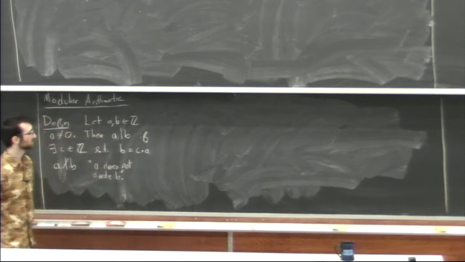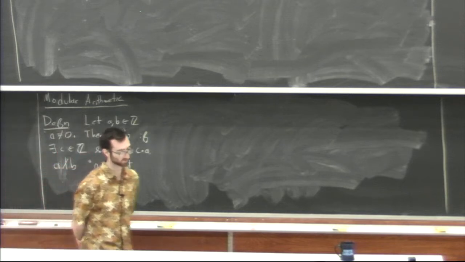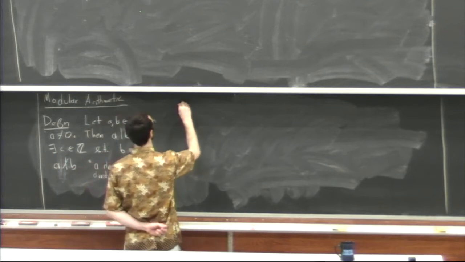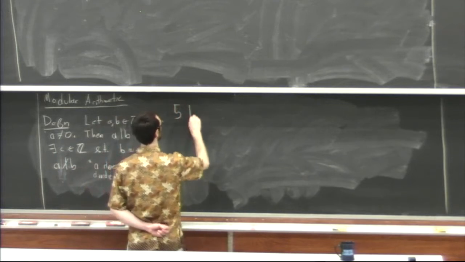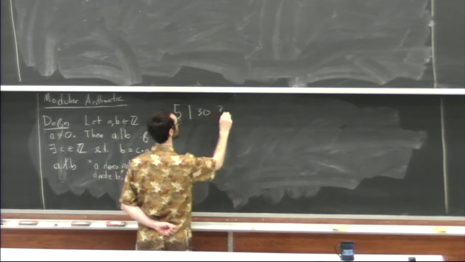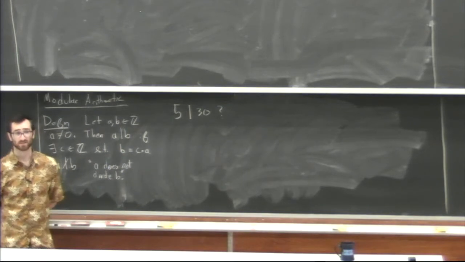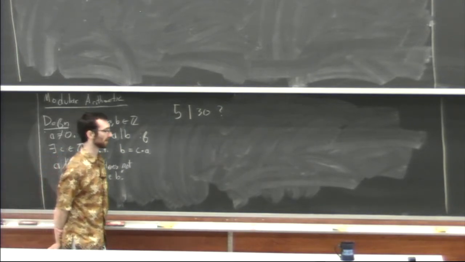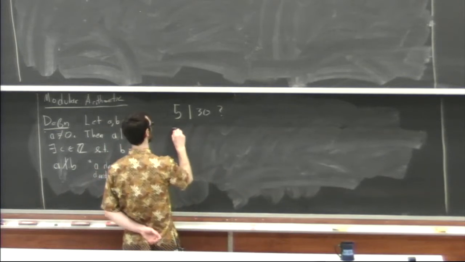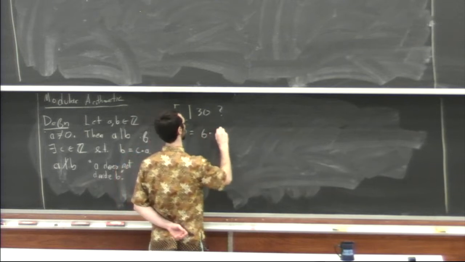Okay, this is a very reasonable definition, and we can check that it makes sense with some examples. Let's consider 5 dividing 30. Does 5 divide 30? The answer is yes, because I can write 30 as 6 times 5.